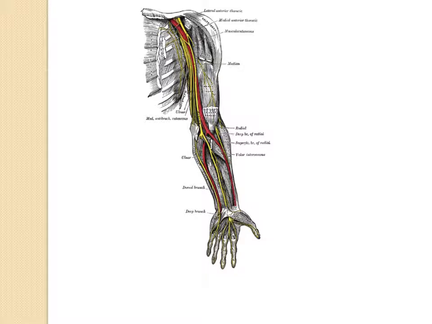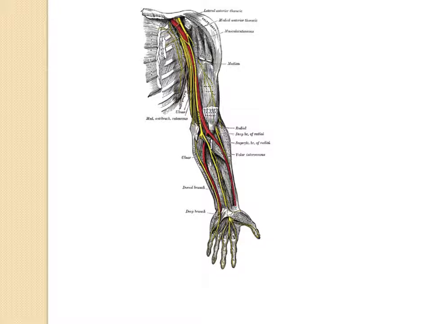As the ulnar nerve comes down through the ulnar tunnel, or the cubital tunnel as it's often referred to, it becomes superficial there, and you can even feel the ulnar nerve as a little piece of cord or a little rounded noodle in the cubital tunnel.